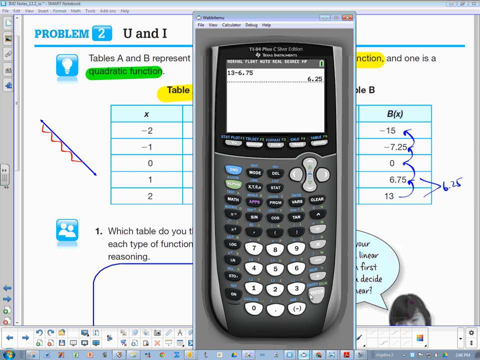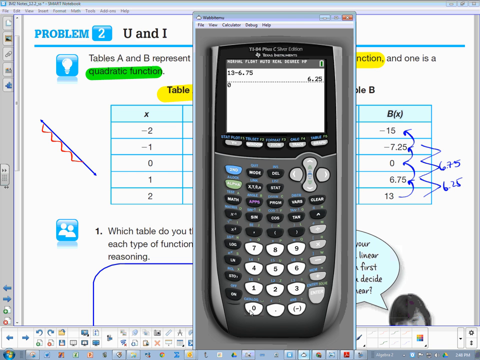And how about the difference of these? If I do 6.75 minus 0, well, that's going to be 6.75. All right, and how about these two? If I do 0 minus negative 7.25, let's see what happens there.